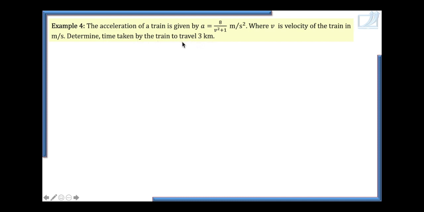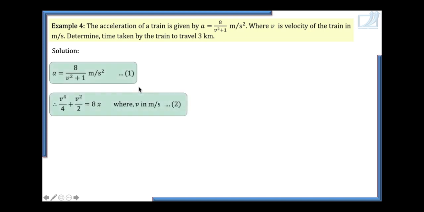Okay, so here displacement is involved and also time is involved. So we'll have to create the necessary equations. Replace acceleration by v dv by dx, and also replace acceleration by dv by dt.